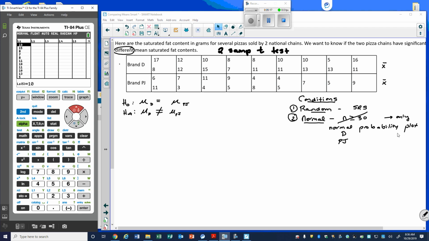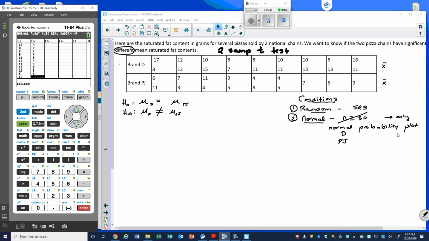Okay, we'll span back through, just make sure that looks correct. And then in L2, I'm going to type in my PJ, which is 6 and 11, 7 and 3, 11 and 4, 9 and 5, 4 and 8, 4 and 5, and then 7, 5, and 9.